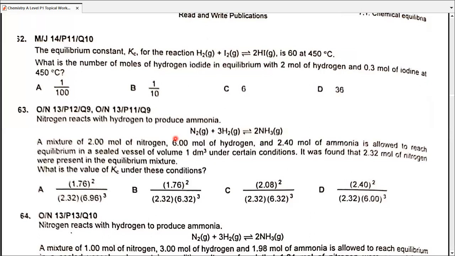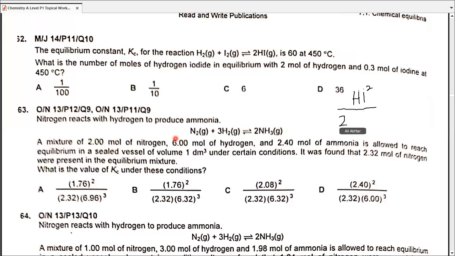Charlie. Good. How do you come up with Charlie? Okay, so the expression would be like this: HI square, and then let's suppose the volume is 1 dm cube to make calculations easier.